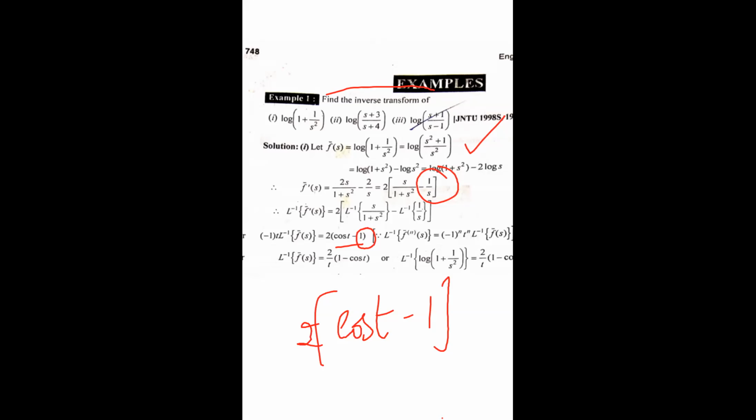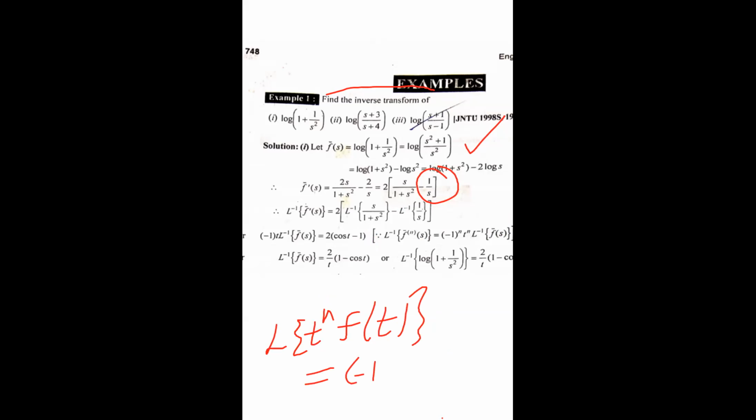In this problem, one formula is available: L inverse of f bar n dash of s is minus 1 power n t power n into L inverse of f bar of s. The formula we know is L of t power n into f of t equals minus 1 power n d power n by ds power n of f bar of s. We have to reverse this property by taking L inverse on both sides. L into L inverse equals 1, and the right side is a multiple of L inverse.